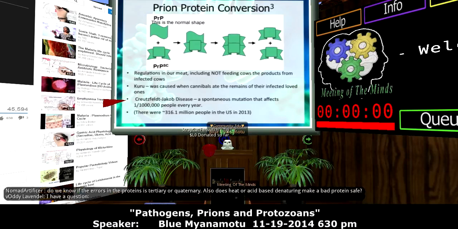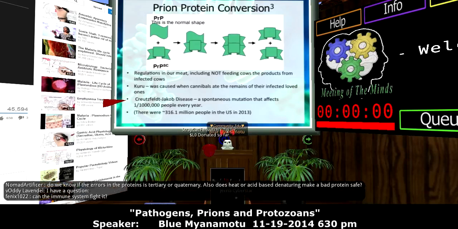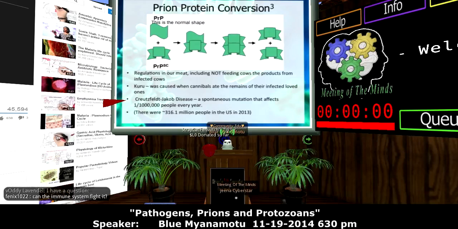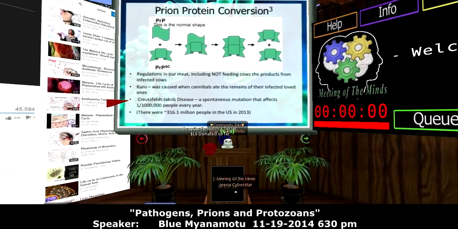Do we know if the errors in proteins are tertiary or quaternary? And also, does heat or acid-based denaturing make the bad protein safe? As far as I understand, Clint, denaturing does not make the protein safe. In fact, my understanding is that it's nearly, and Stephen, you can weigh in on this if you want, I'd almost say an immortal type of protein.